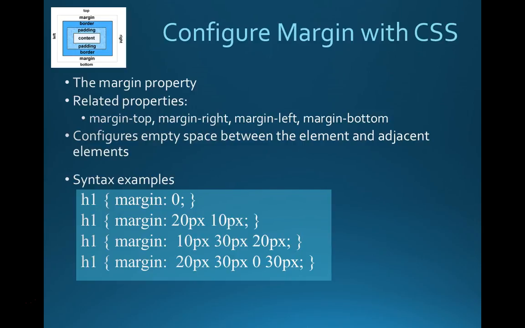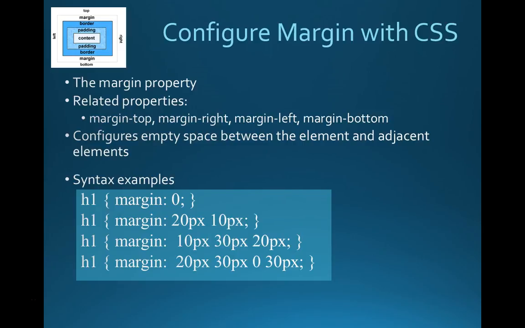So the first way we can write a margin rule is to say margin 0, which says every single side of that box gets no margin. So one value says do it to everything.